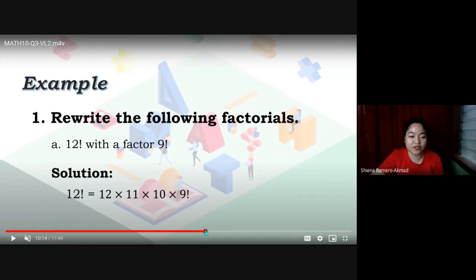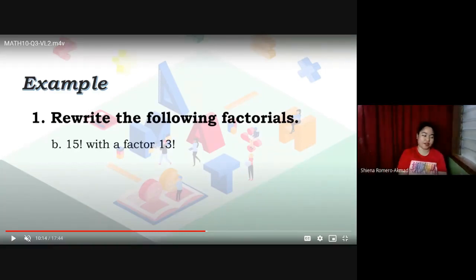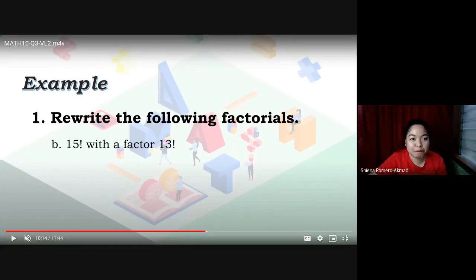So, what if given naman 15 factorial with a factor 13 factorial? Ano magiging answer dun? Dali lang yan. 15 factorial tapos kailangan isa sa factor niya ay 13 factorial.